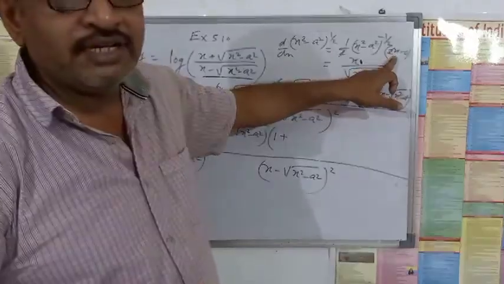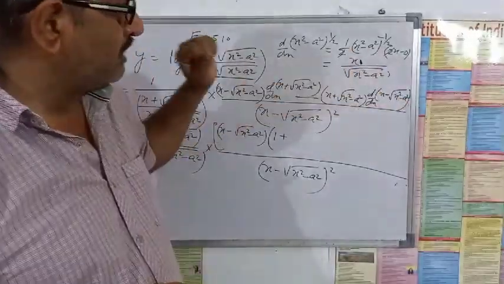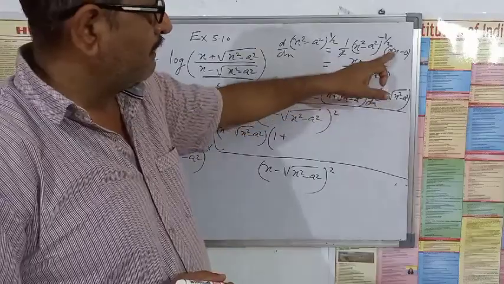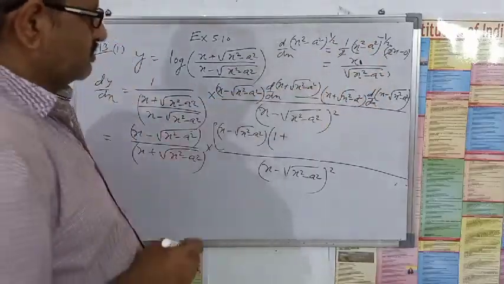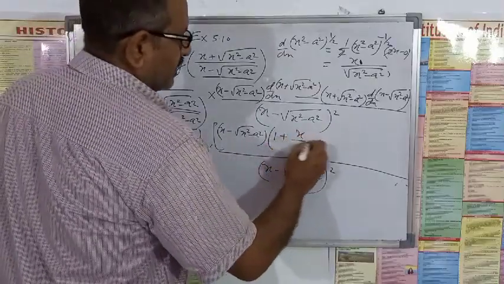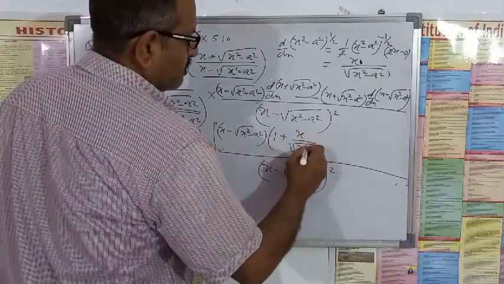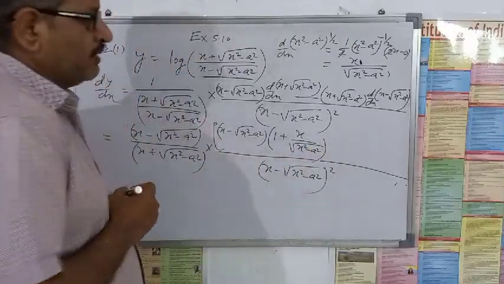So x square derivative is 2x, a square is constant, so derivative is 0, 2 cancel, x upon under root x square minus a square.